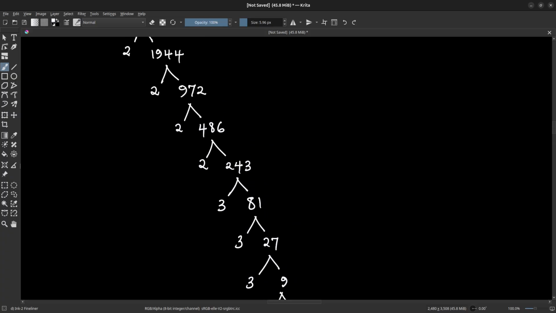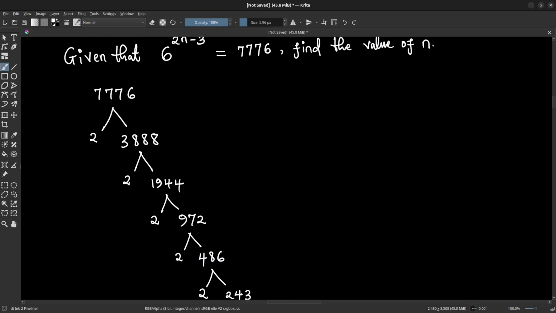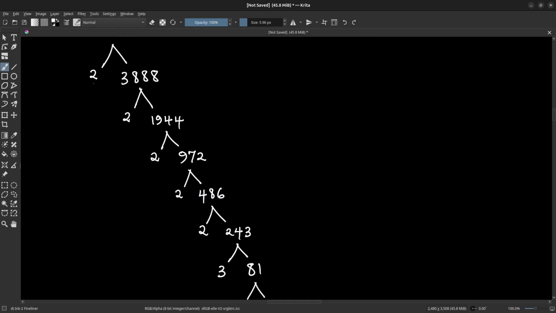So now we can rewrite 7776 in terms of its prime factors. So this is going to be 2 to the power of, then we count the number of 2's. So we had 1, 2, 3, 4, 5.